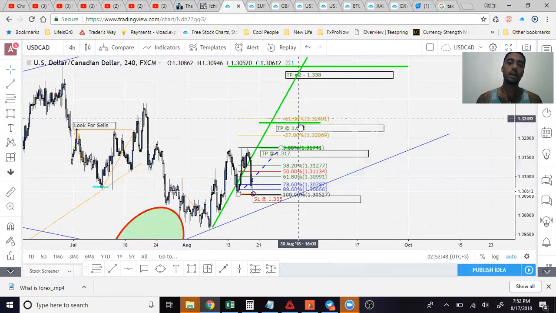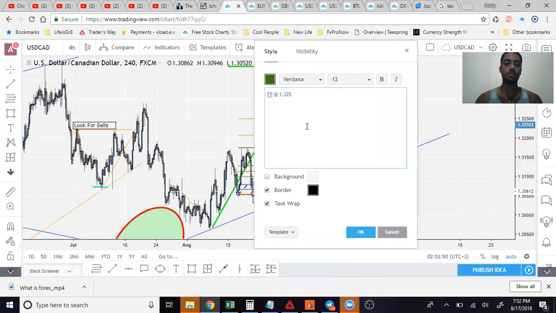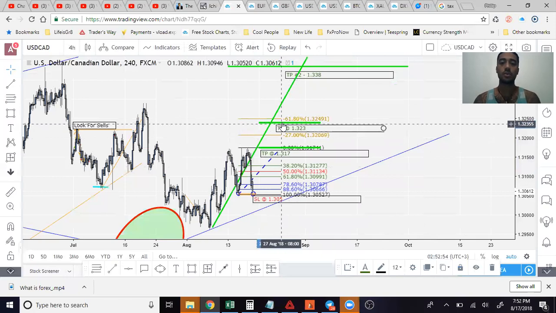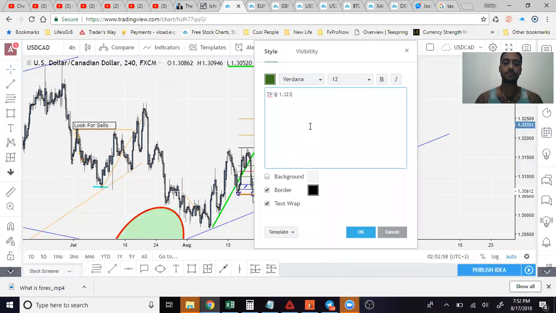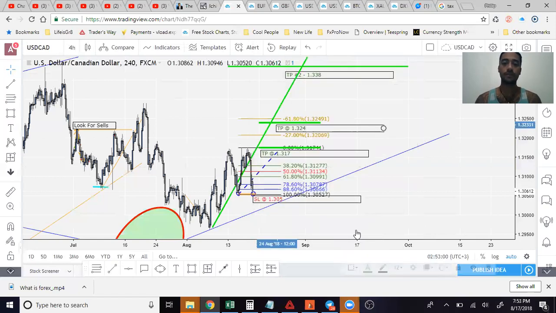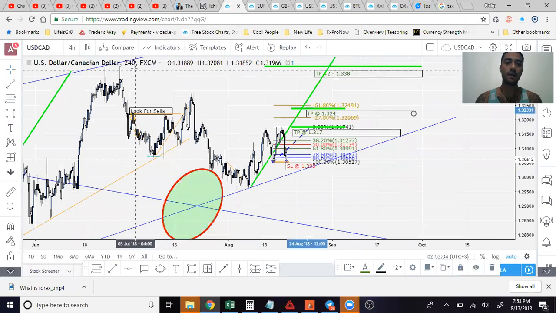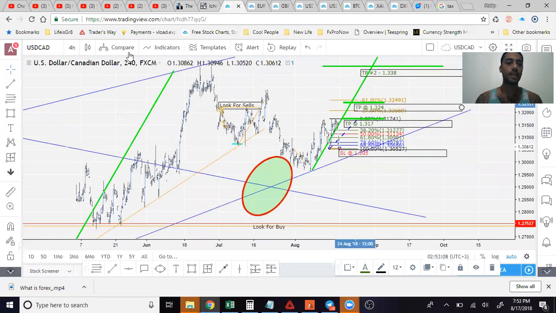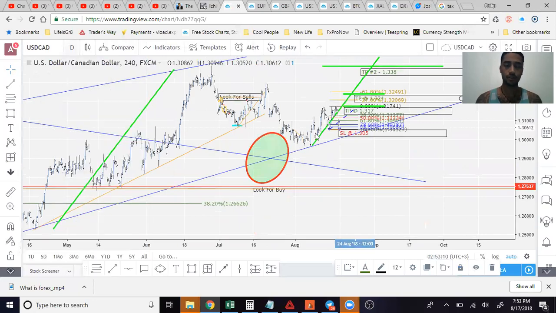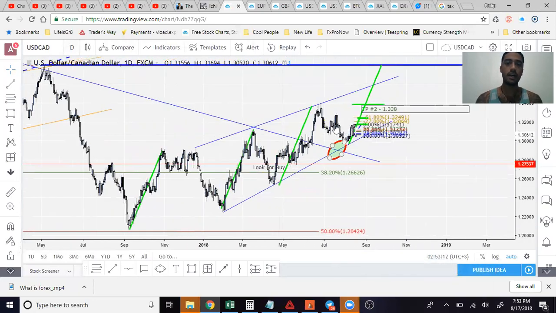Actually 1.323, a little lower right here, okay? 1.324, sorry. And then from there, I have my last one at this high over here. Daily, I have it at this high over here, okay?